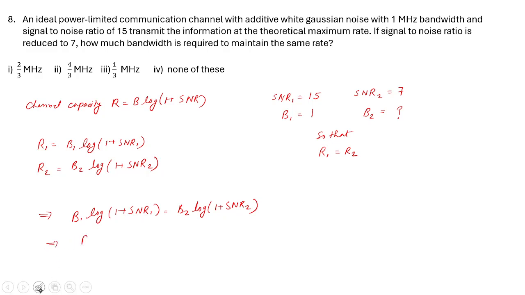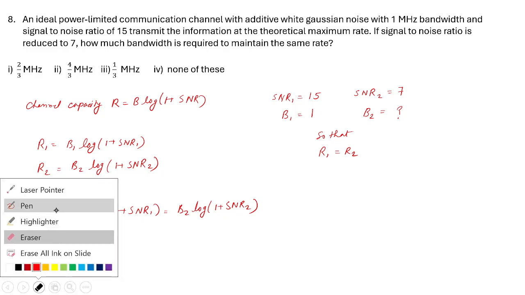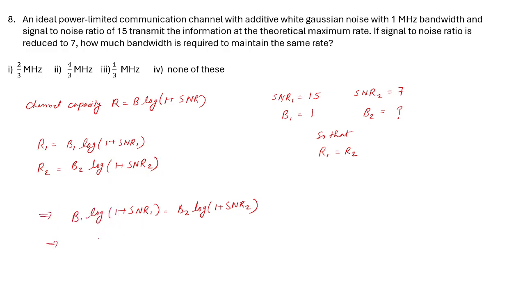We have B1 to be 1, so no need to write it. SNR1 is 15, B2 we need to find, and SNR2 is 7. Therefore we have log, by the way this is log base 2, should not be confused with natural log base e.